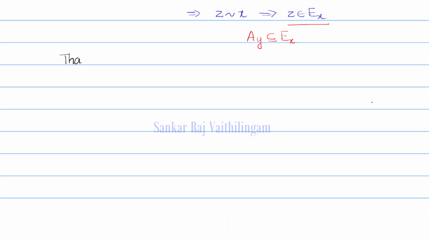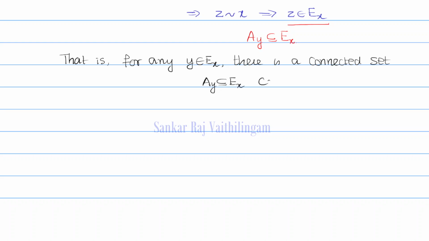That is, for any y belongs to E suffix x, there is a connected set, இந்த கனெக்டட் செட்டுக்கு பேர் A suffix y, which is a subset of E suffix x containing y and x.